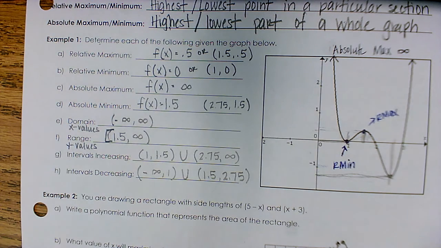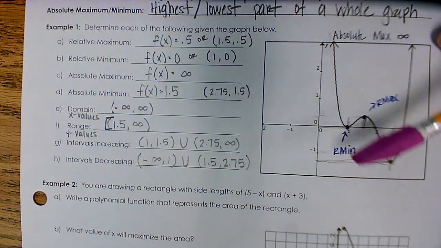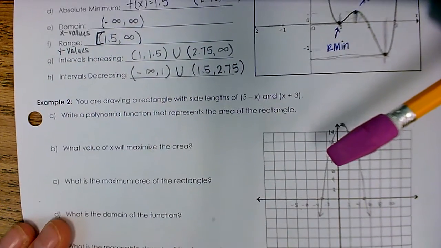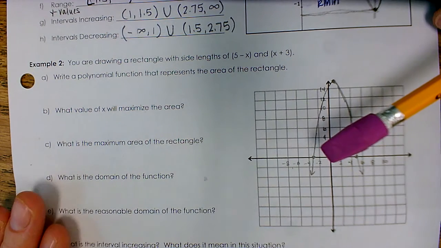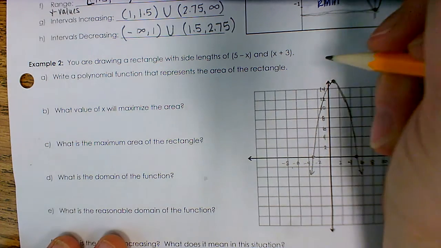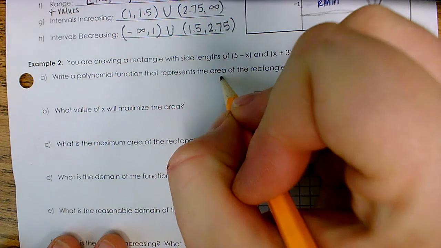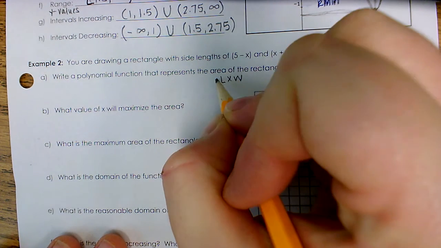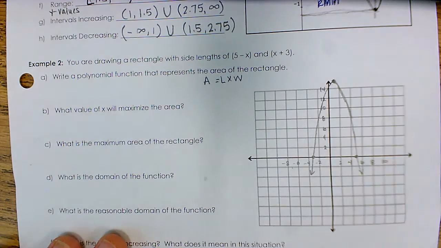So let's look at a real life example of when to use this kind of stuff. It says, you are drawing a rectangle with side lengths of x minus 5 and x plus 3. Write a polynomial function that represents the area of the rectangle. Area of a rectangle is your length times your width, right? So area is length times width.